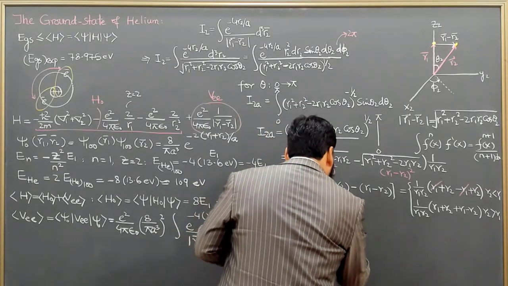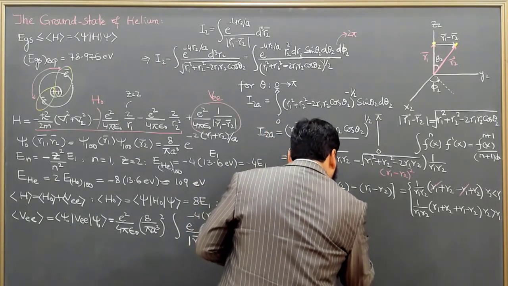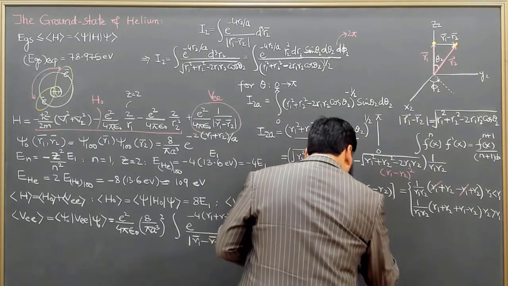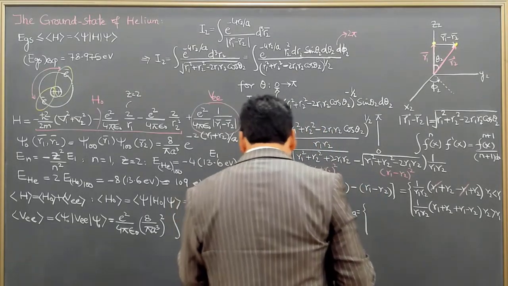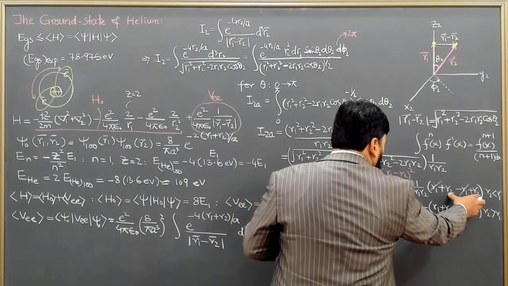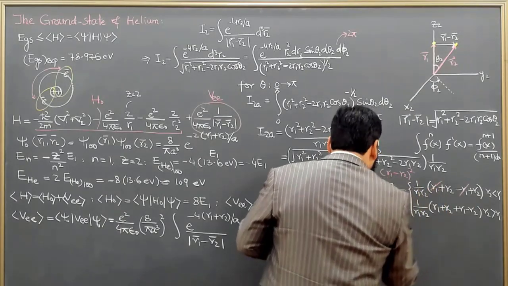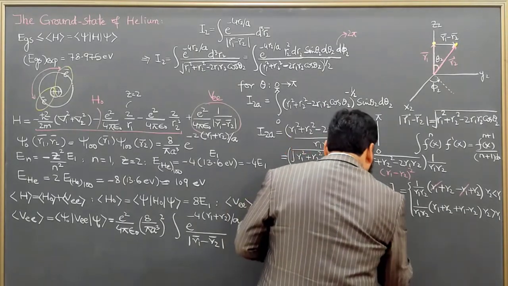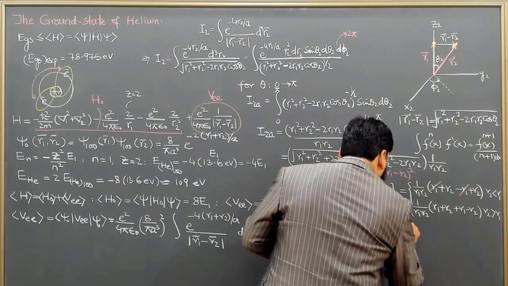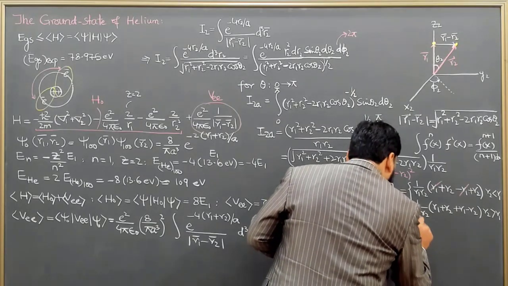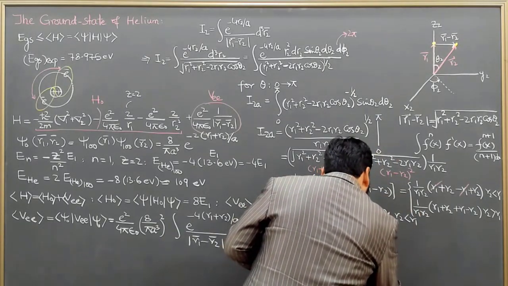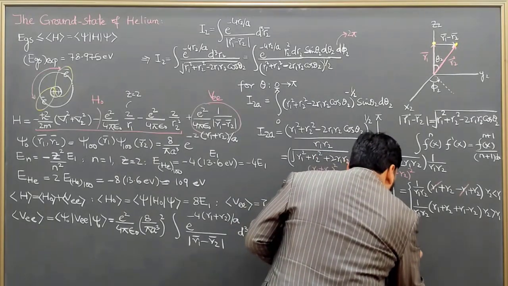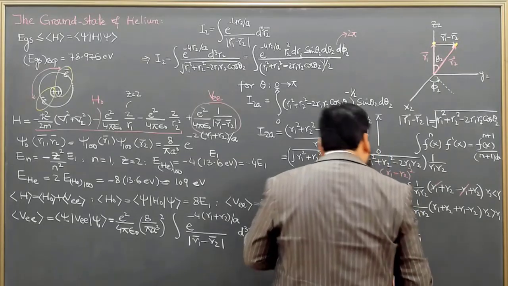So this implies that I2A is equal to, this will become 2r2, so r2 will cancel, so 2 over r1 if r2 is less than r1, and 2 over r2 if r2 is greater than r1.